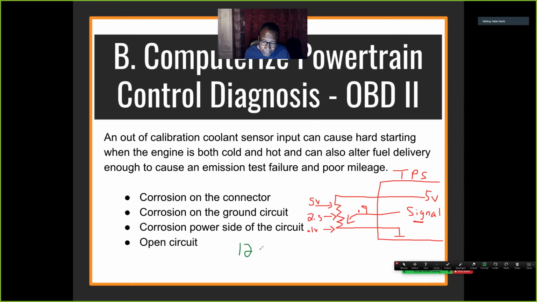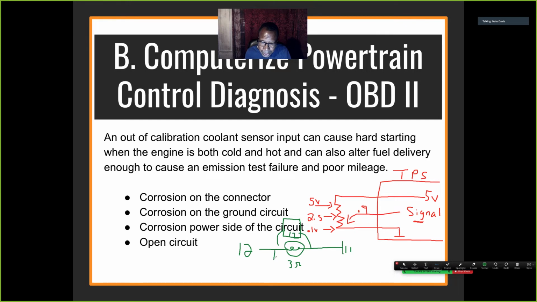Now, I drew 12 volts. I drew a light bulb, and I drew this. In a normal circuit, this will take 12 volts across this load to work that light.